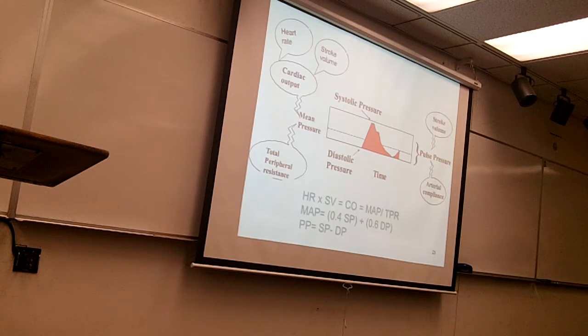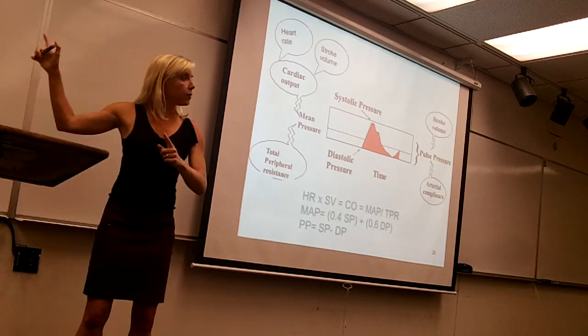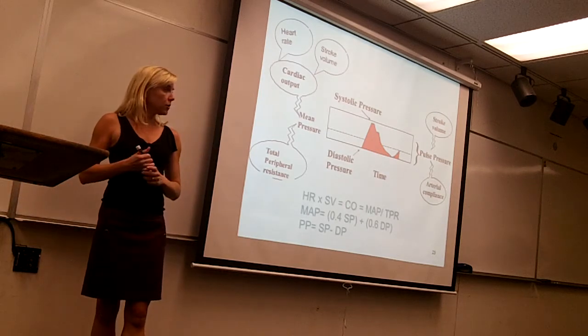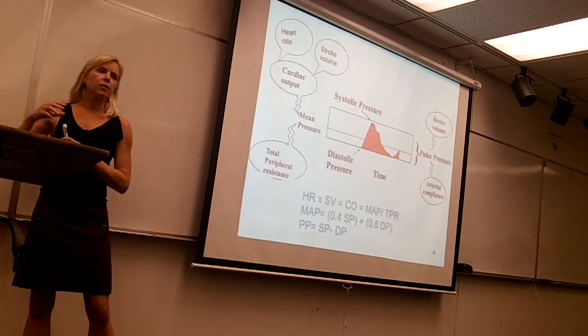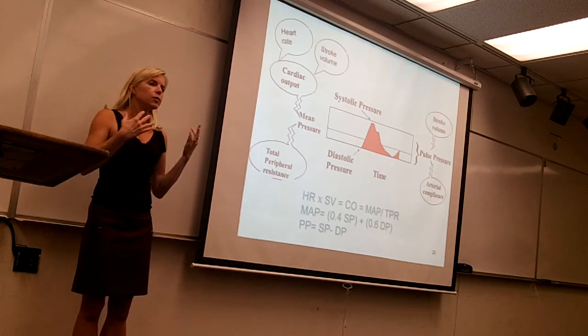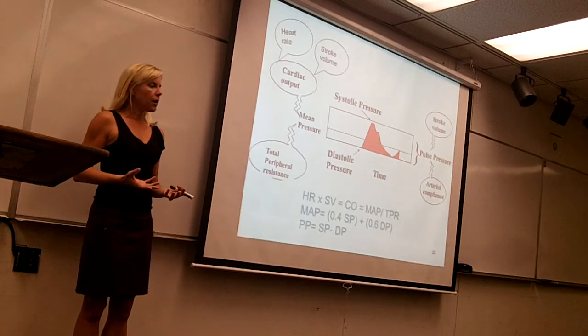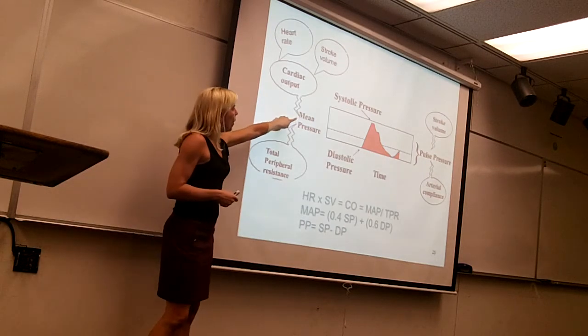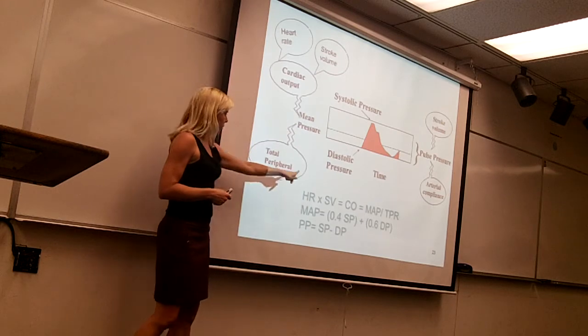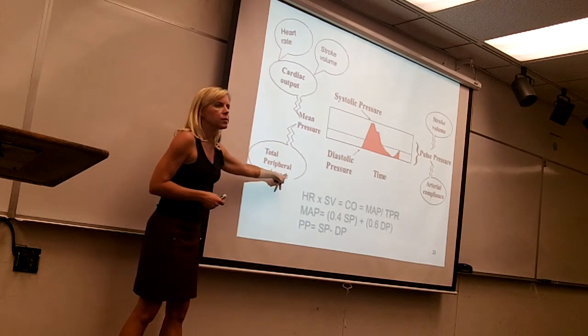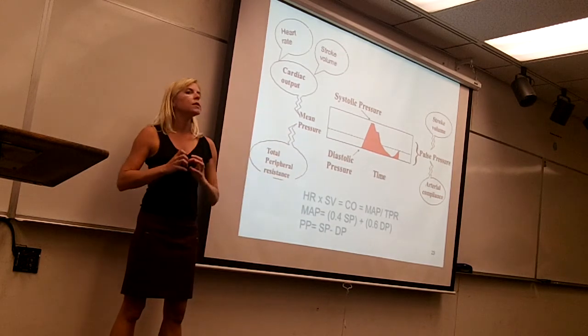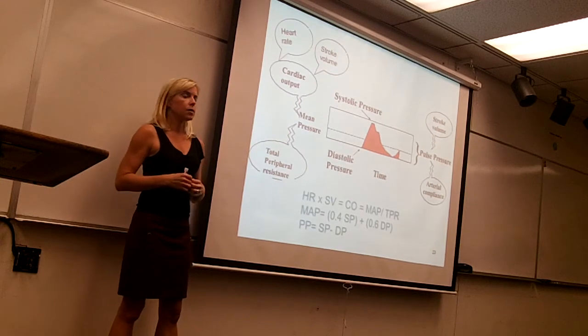So do you remember when I asked you, if you know these values, could you rearrange this equation? How would we rearrange that equation to solve for P? It'd be flow times R. Okay, so what determines mean arterial pressure? Here's our peripheral resistance. How vasoconstricted are our blood vessels?